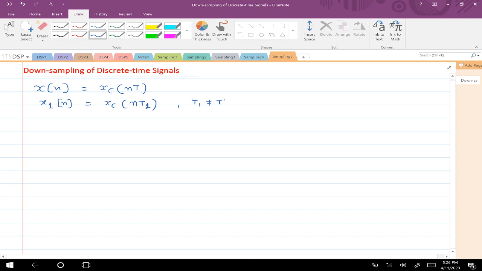Then what we would like to see here is how x1 of n and x of n are related, in both the time domain and frequency domain. This is of interest to us. How are they related?